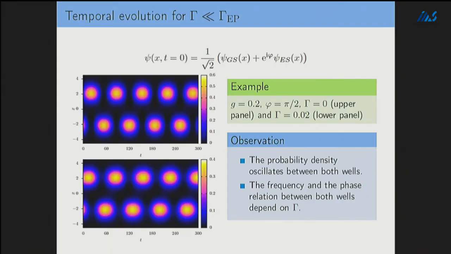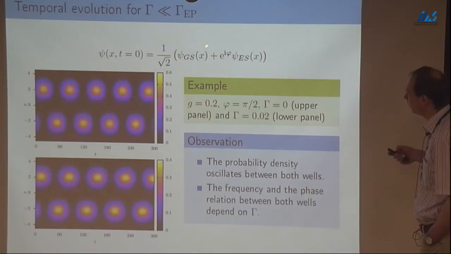We can also look at the stability via the complete dynamics, so integrating the time-dependent wave function with the time-dependent Gross-Pitaevskii equation, and we do it always with a superposition of these two stationary states, ground state and excited state, and we modify the phase relation sometimes between them.